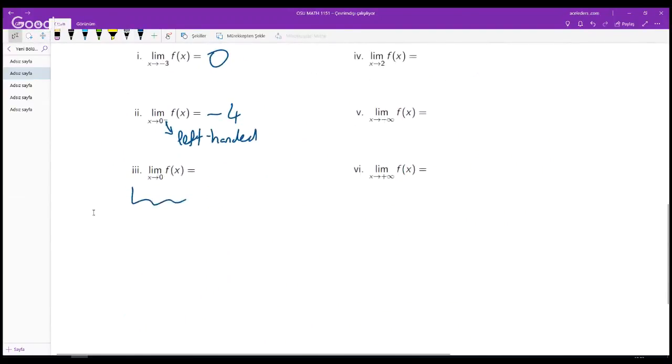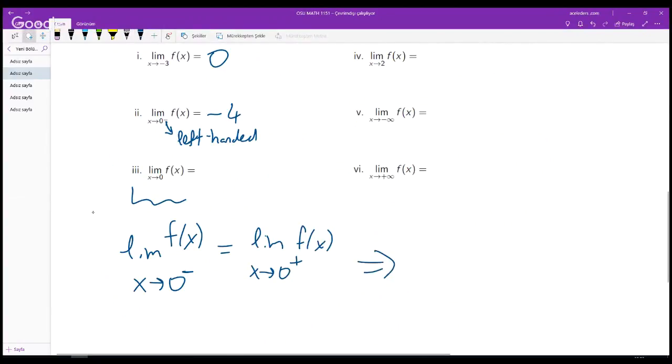Limit as x approaches 0 from the left, and limit as x approaches 0 from the right. If those are equal, then we have the limit of f(x) as x approaches 0. If those are not equal, we say that the limit does not exist.